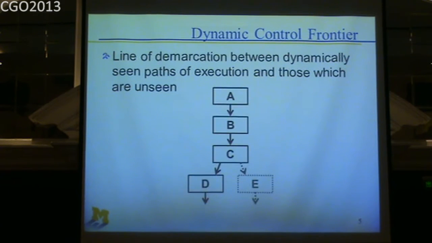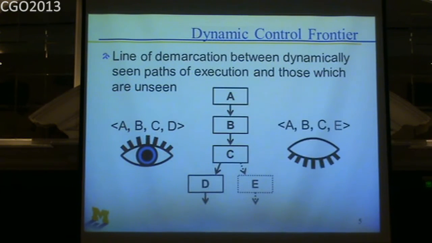Consider this simple sequence of basic blocks in execution, where the series of basic blocks, A, B, C, and D, is seen to execute. However, the series of basic blocks A, B, C, and E is not executed.